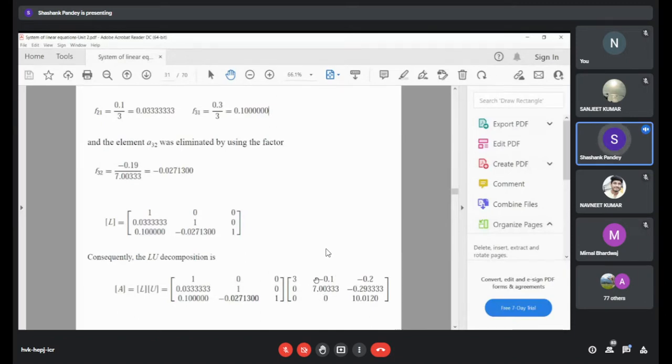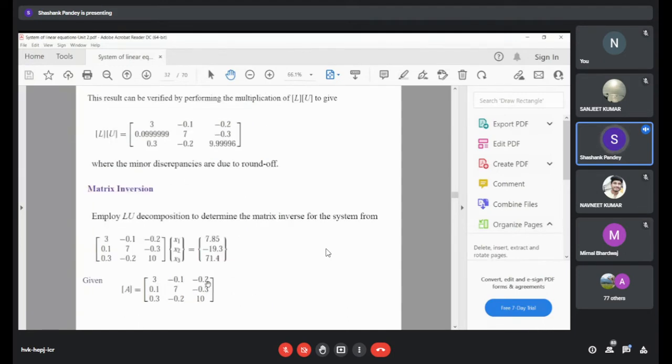On the right hand side, this is the upper triangular matrix, whereas on the left hand side we can see the lower triangular matrix. The lower triangular matrix contains the factors. We have decomposed this. Now let us use this technique to compute the inverse of this matrix.